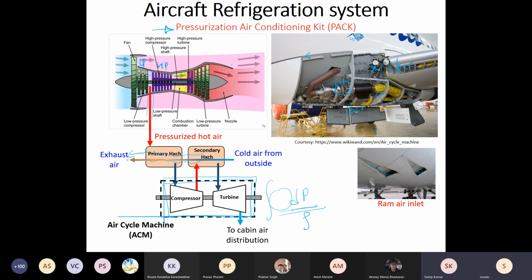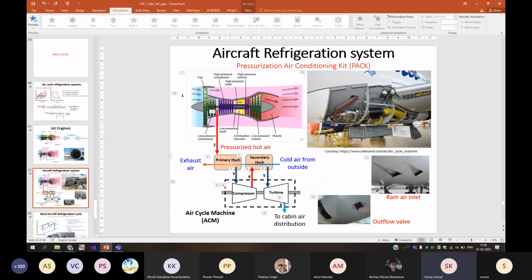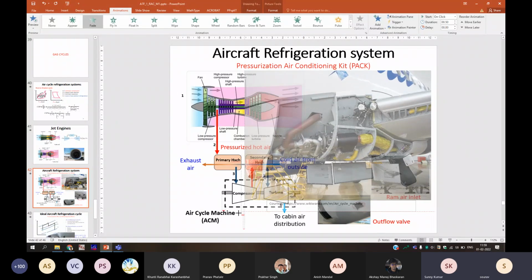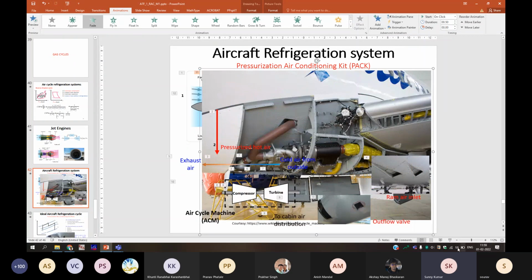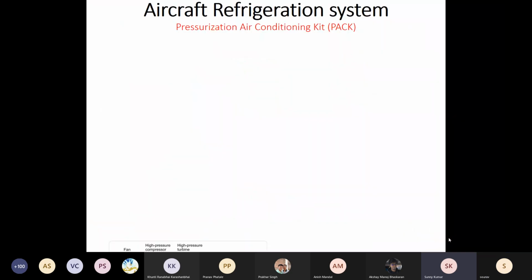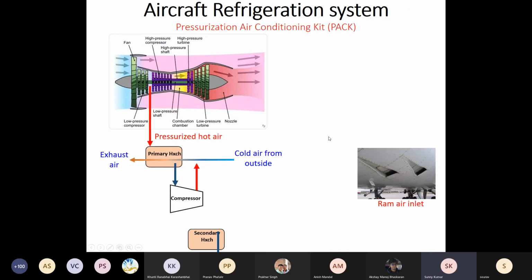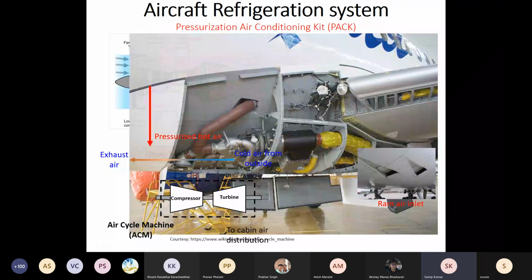You can see some volute casing over there. Let me expand this. So these are the heat exchangers, and this is the compressor and turbine unit.